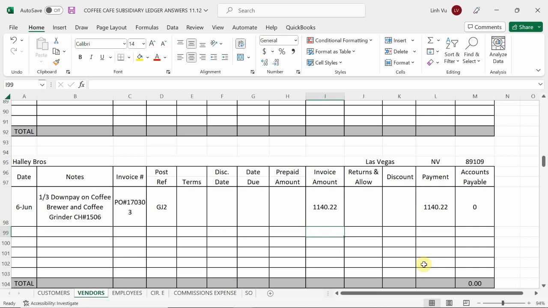Do you owe Hallie Bros money? Not yet, we haven't received the bill yet. And does Hallie Bros owe me money? No, not yet, because nothing has been done except for you cutting the check.